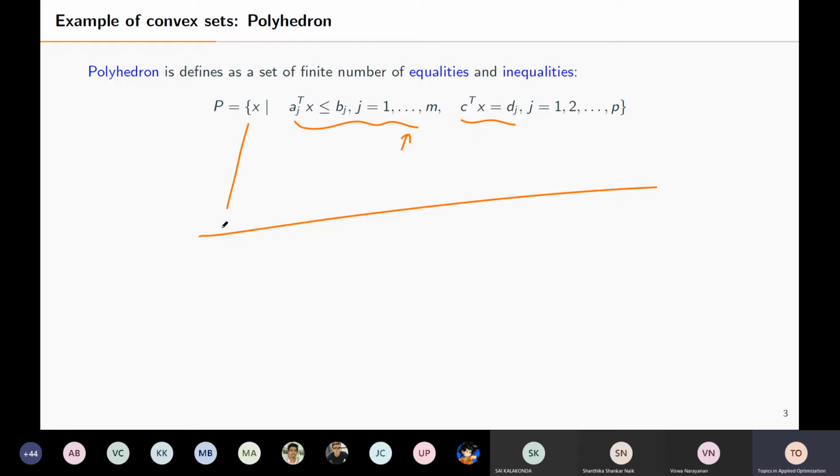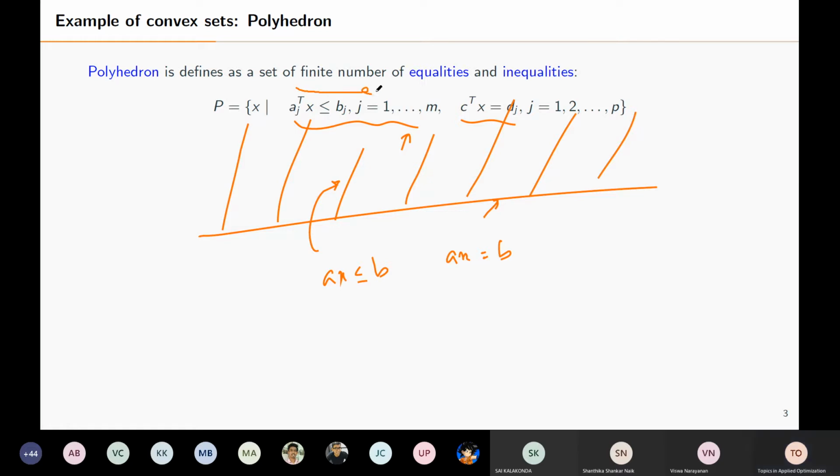Let us say my half space is ax less than or equal to b, and my hyperplane is ax equals b. If I take the intersection of these, because both have to be satisfied, I will get a line, and it's not necessarily a closed thing, right? You may think, how come a line is a polyhedron? According to the definition here, it will be a polyhedron, because we have to satisfy the intersection.